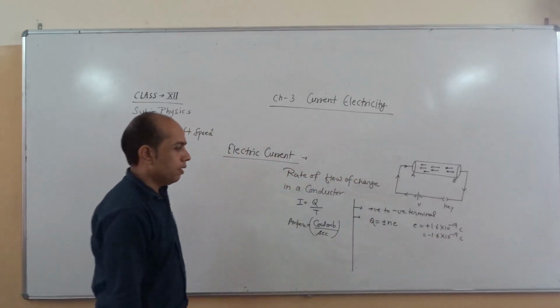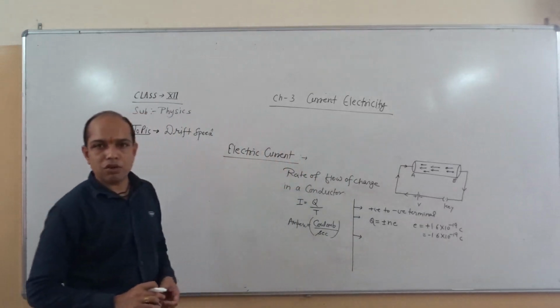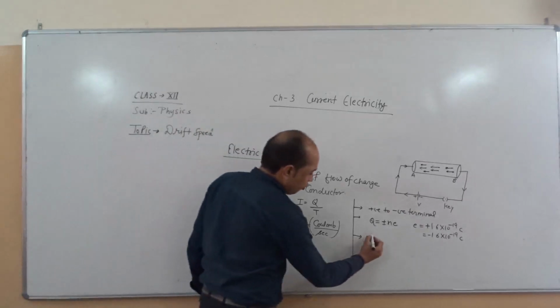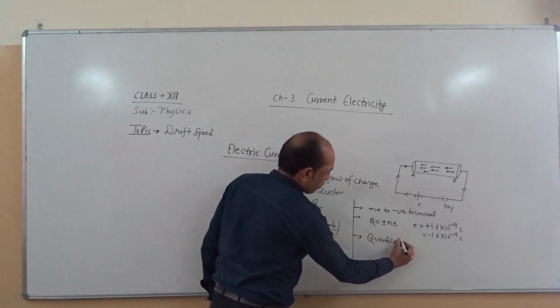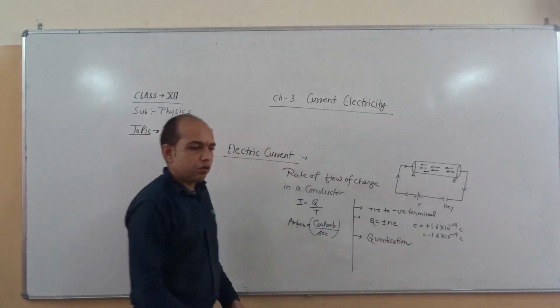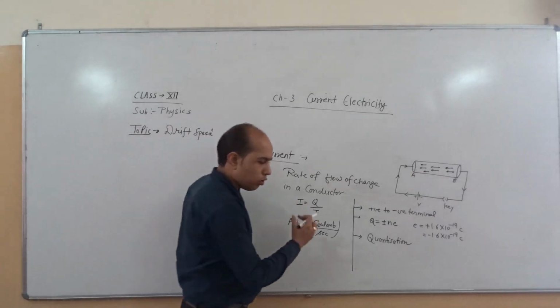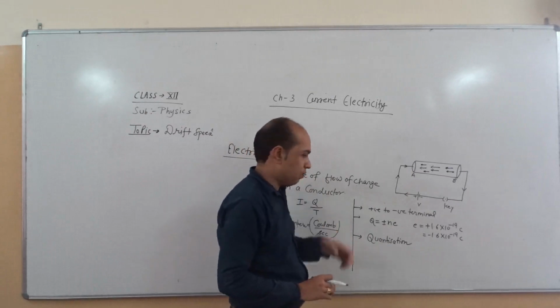Third one, charge is always found in discrete packets or bundles. This is important here. This is called quantization. So charge is always found in small packets, but not in a regular or continuous way.